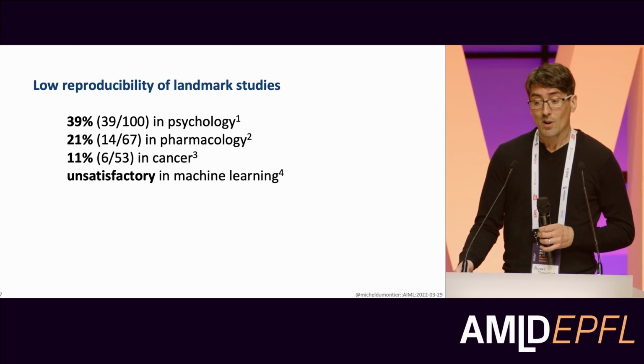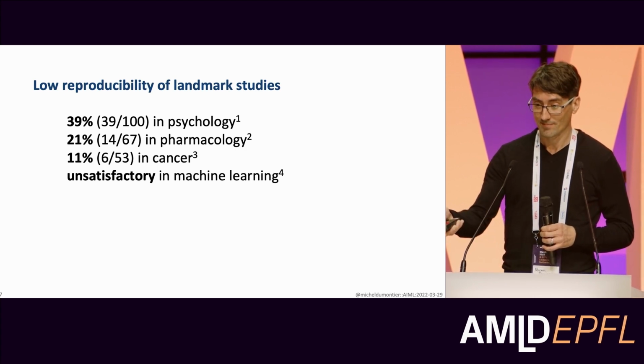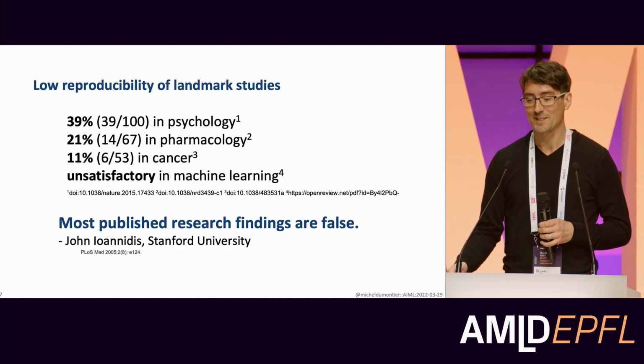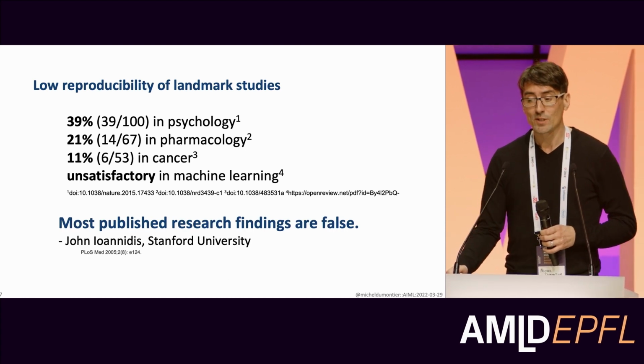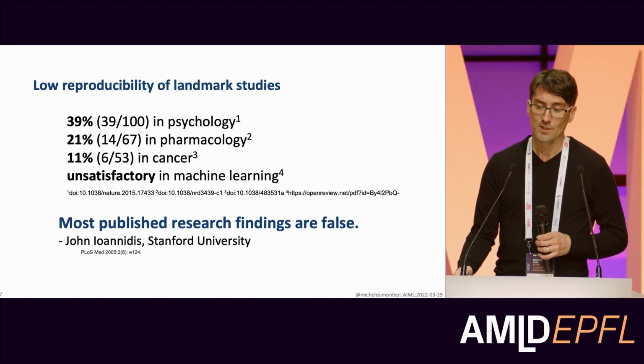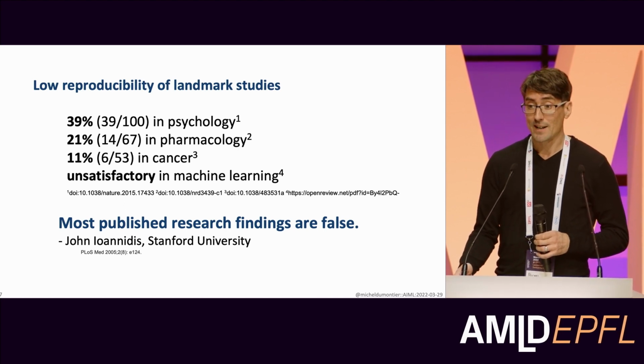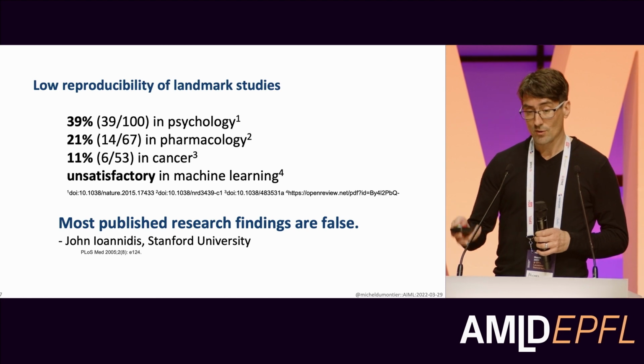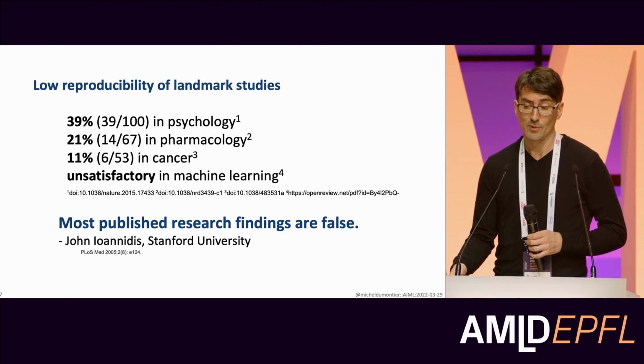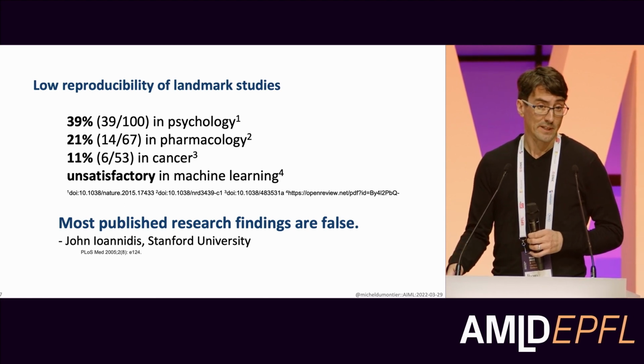So it's not surprising that for some time already, meta-researchers such as John Ioannidis have identified that many original research findings are very difficult to reproduce and are optimally false.